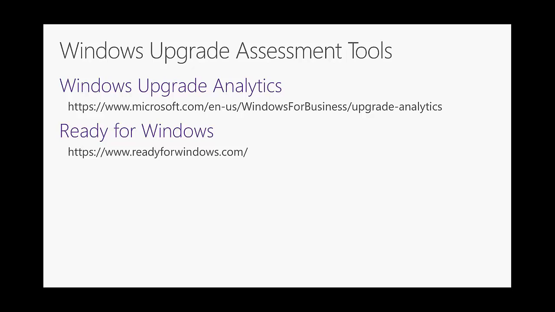It gives you a nice management console where you can see graphs and charts and narrow down to specific devices: what's supported, what's not, and what devices need to be refreshed to move to Windows 10. And then you also have information and guidance on Ready for Windows, which gives you technical guidance on how to get ready for Windows, how to prepare for it, and your different deployment options like we've discussed.